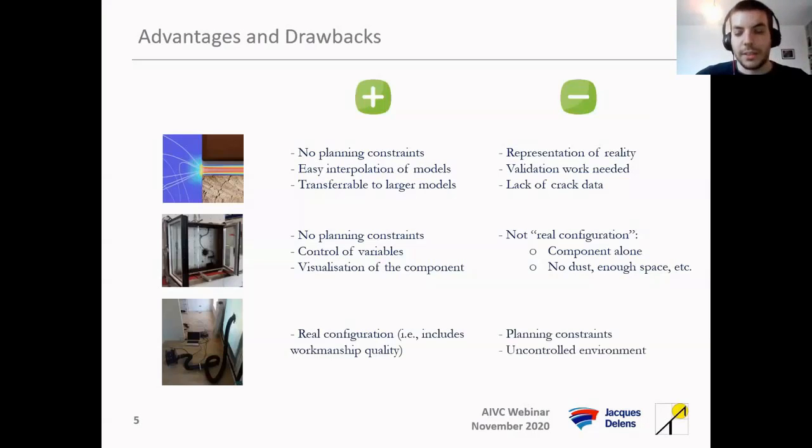The drawbacks, on the other hand, are that you have planning constraints, so you have to work in parallel with other workers on site, and this can sometimes be quite difficult to manage. And the environment is completely uncontrolled. You can have really high winds, for example, that will highly impact your test and the performance of the components you are testing.